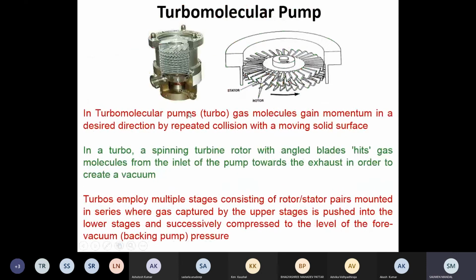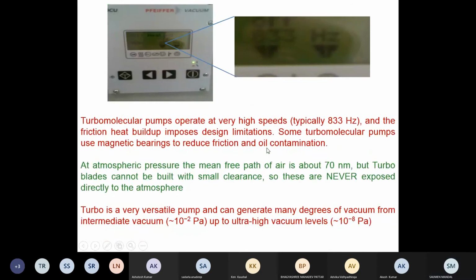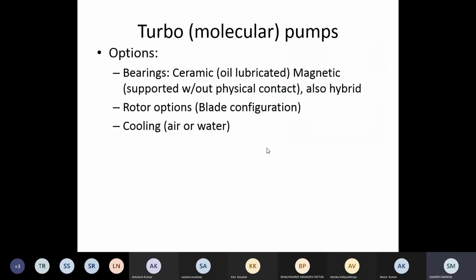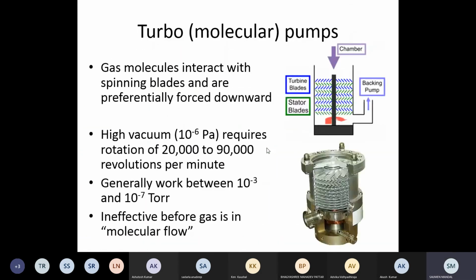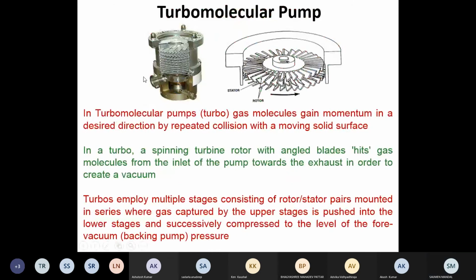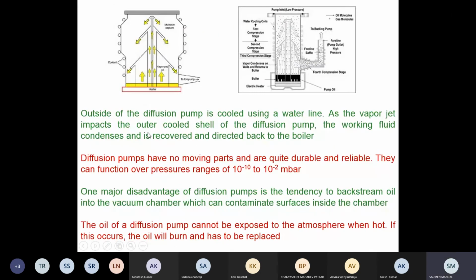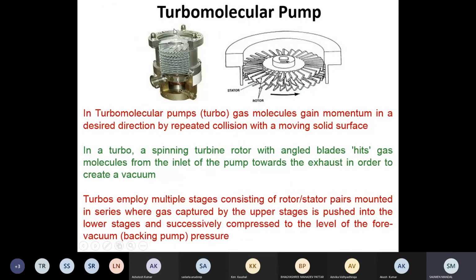Now this is, I guess, the last part: the turbomolecular pump. In the turbomolecular pump, this is how it looks, and you can see the blade arrangement.